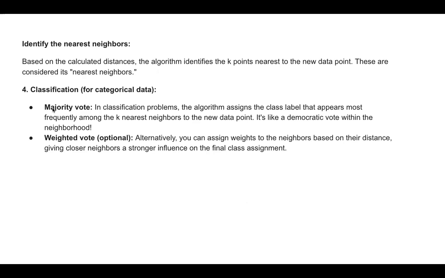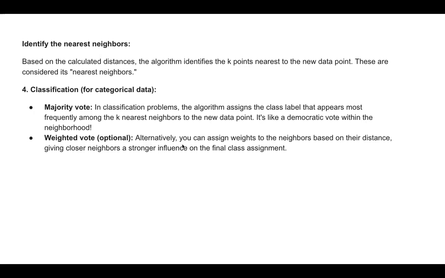And then what you do, in classification, is a majority vote. In a classification problem, the algorithm assigns the class label that is the most frequent among the nearest ones. It's like a democratic vote within the neighborhood. Let's say if k was 5, out of the 5, which is it closest to.